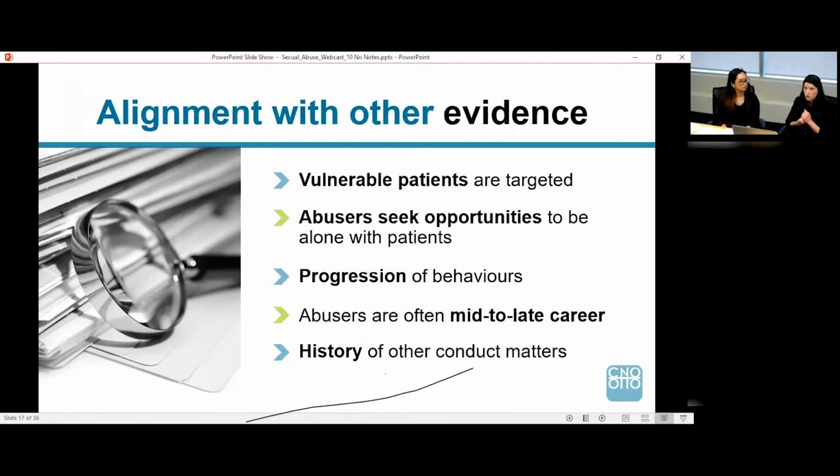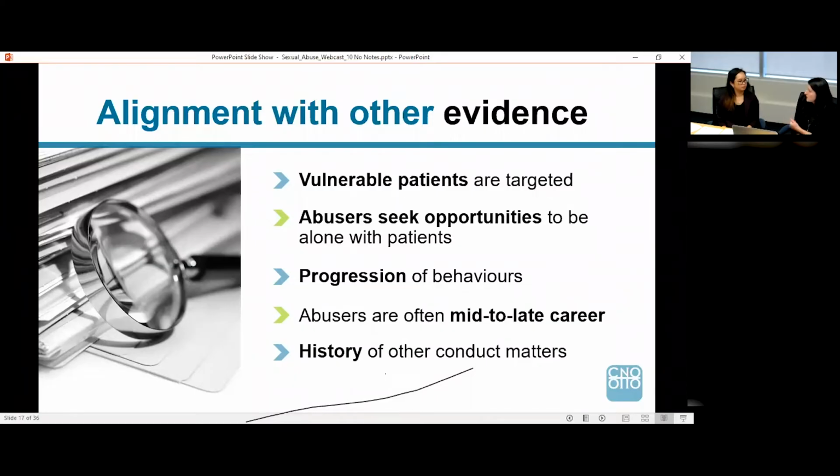When we did our research, we looked at whether or not we could look at our data in two separate ways, because one of our hypotheses is that the risk factors and what potentially leads to sexual abuse may look different for those who really intend to cause harm, the predators, and those who didn't go in intending to cause harm. And unfortunately, we couldn't look at our data this way.